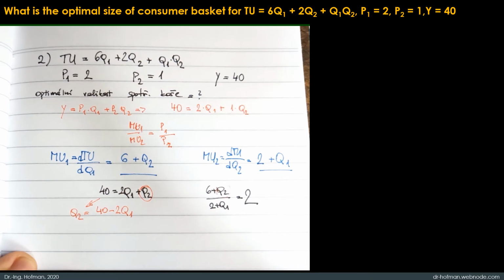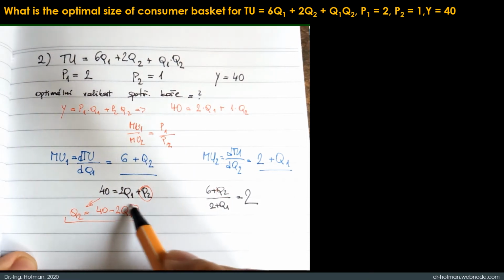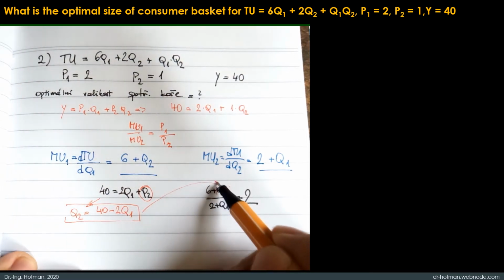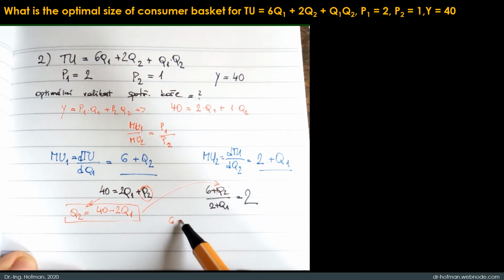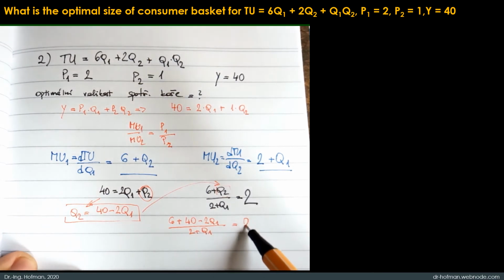And now the substitution of this expression here, in the numerator of the fraction. 6 plus 40 minus 2Q1 over 2 plus Q1 equals 2.